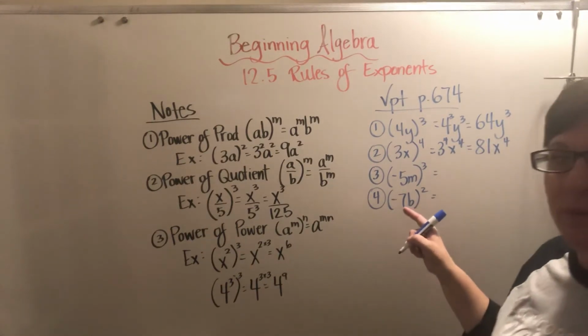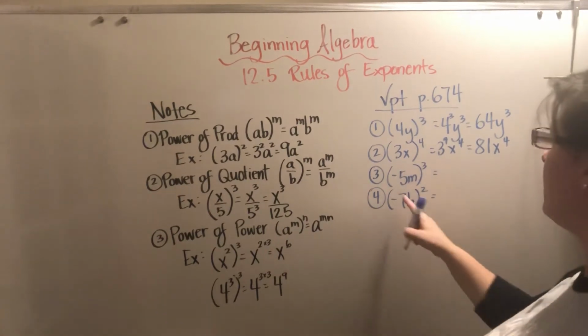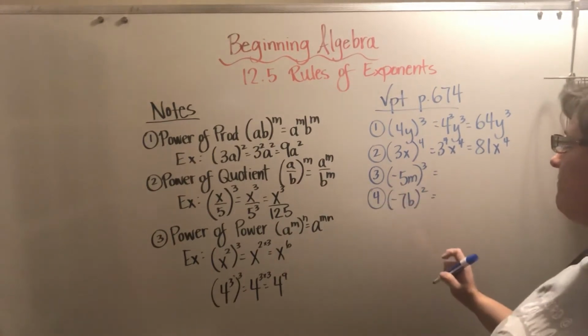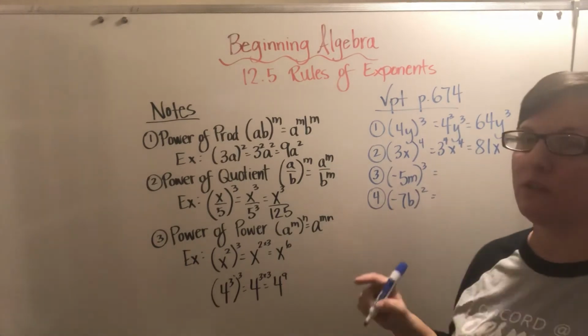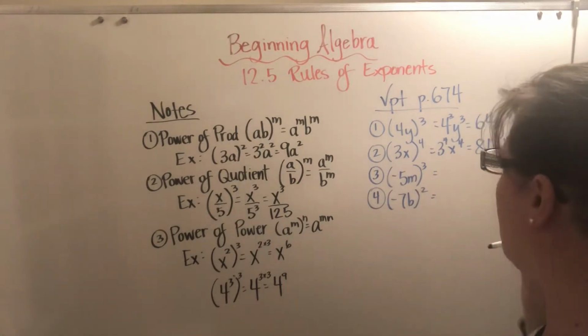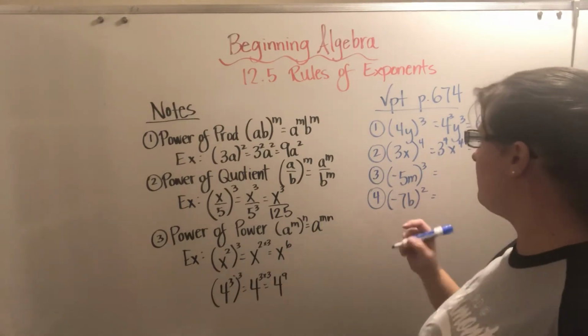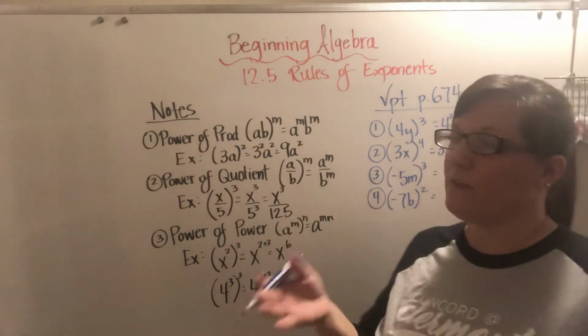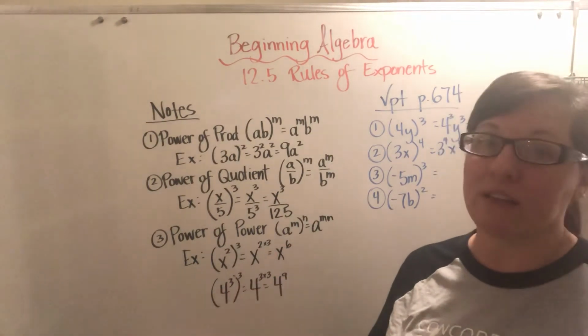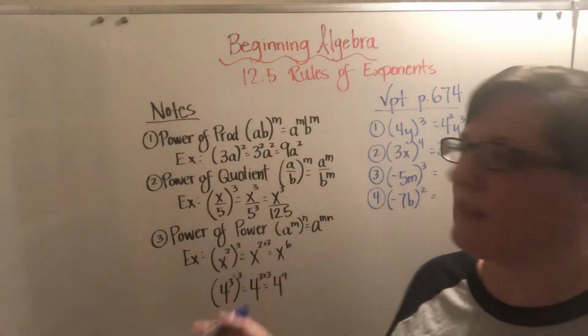This is really important for you to recognize: when you have a negative sign and an odd exponent, your answer will be negative. Think it through. If I have an even exponent, meaning I'm squaring it, negative 5 times negative 5, a negative times a negative is a positive. Every even number is going to cause that to happen.